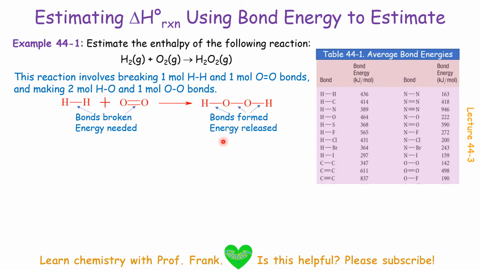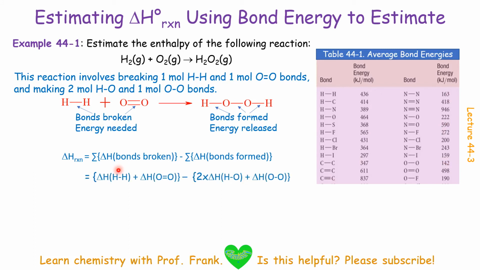Okay, so those are bonds broken, those are bonds formed, and you can find the average bond energies from table 44-1. We'll use this key equation, considering all of those bond energy values as positive ones.